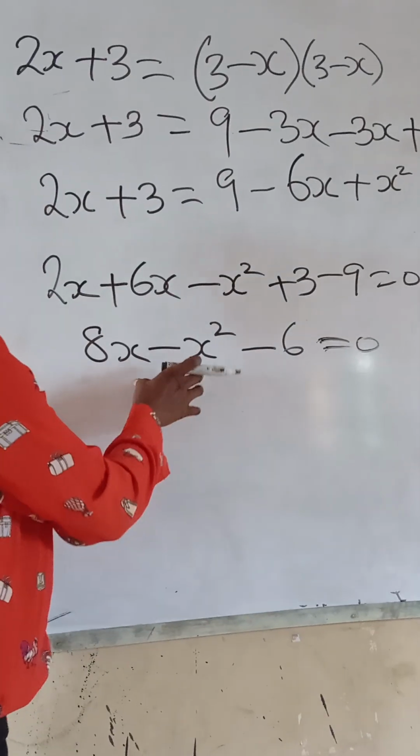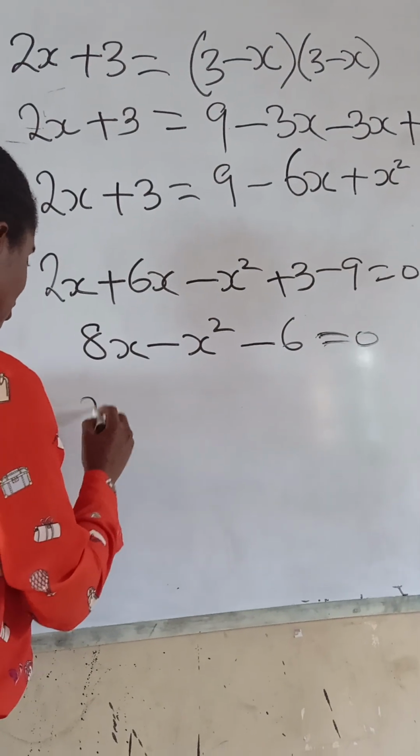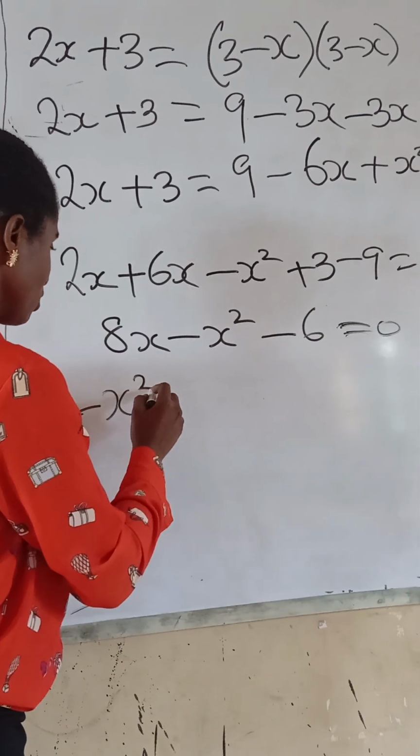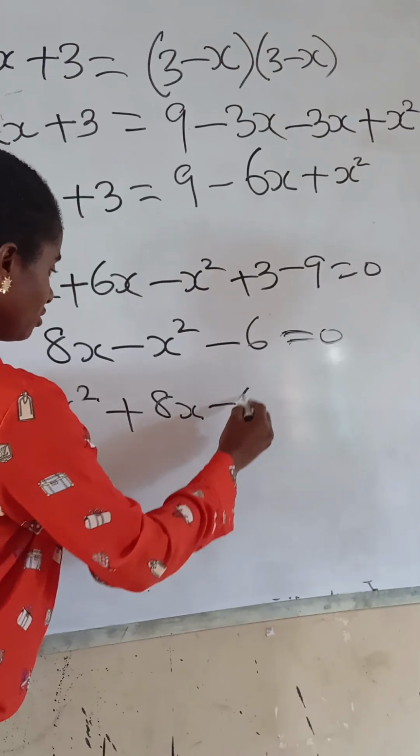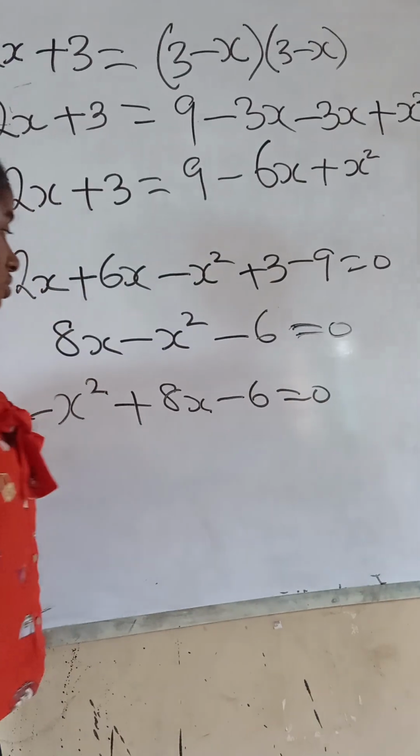So from here, we are going to arrange it: minus x squared plus 8x minus 6 is equal to 0.